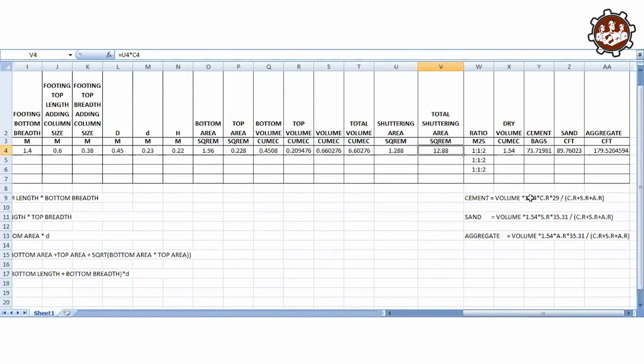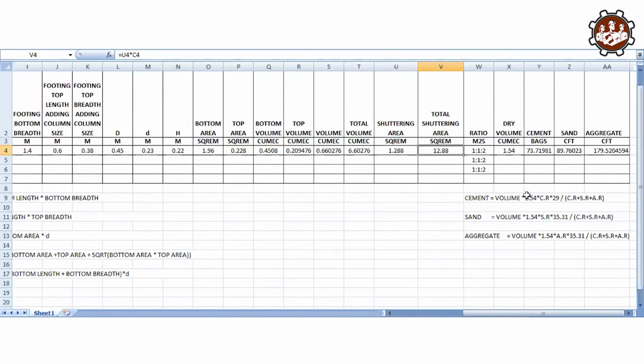So to compensate the volume, we multiply by the 1.54. When we mix the cement, sand, and aggregate and then add water, the volume shrinks. To compensate this volume, we increase the volume of concrete by 54% extra. So that's why we multiply by the 1.54.